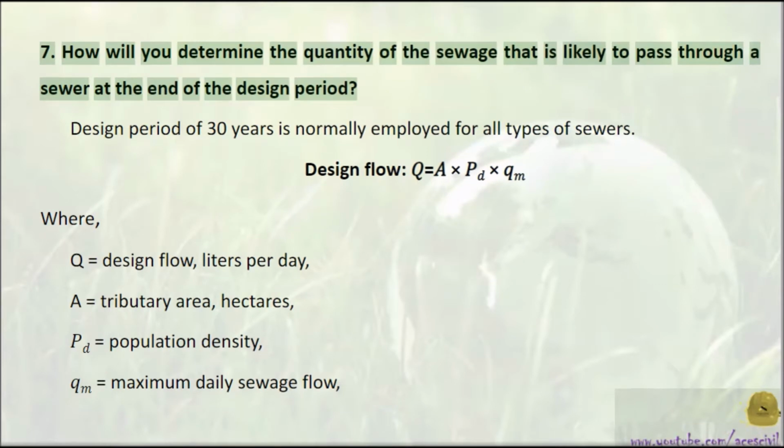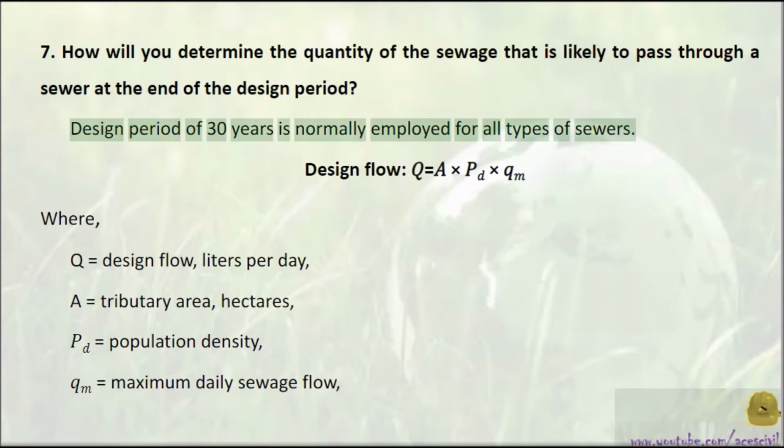7. How will you determine the quantity of sewage that is likely to pass through a sewer at the end of the design period? A design period of 30 years is normally employed for all types of sewers.